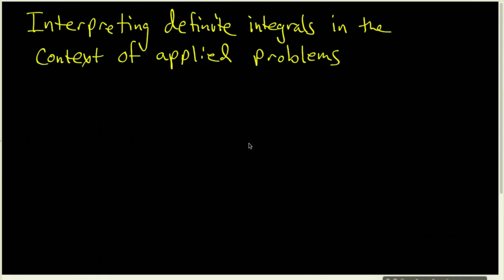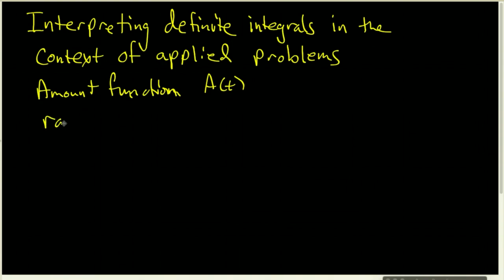In this video, I want to start looking at ways of interpreting definite integrals in the context of applied problems. Our textbook talks a lot about amount functions, which they typically designate with something like A of t, because this is something that is changing with respect to time.